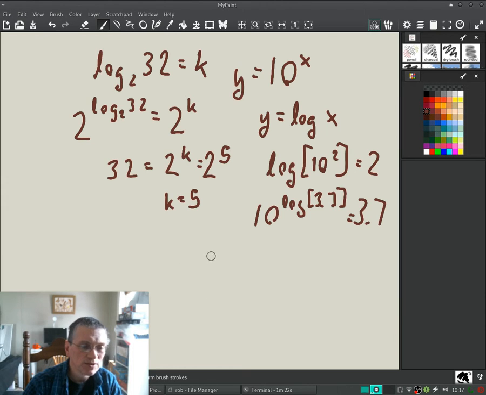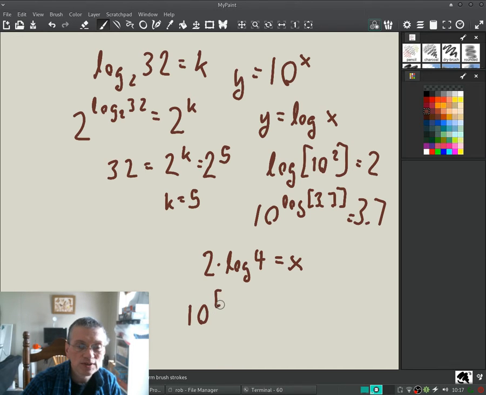Notice that you do have to raise the whole side of the equation to the power. Say you had 2 times log base 10 of 4 equals x, and you want to raise both sides to the 10 to get rid of the log.